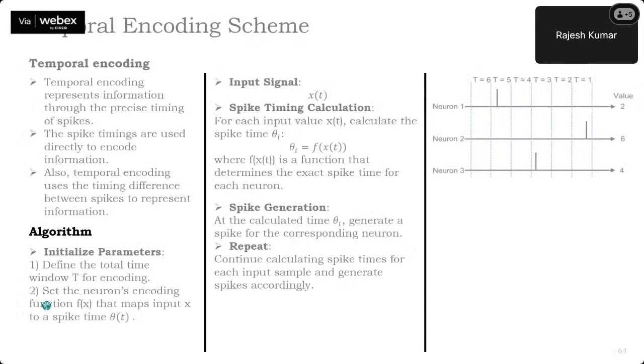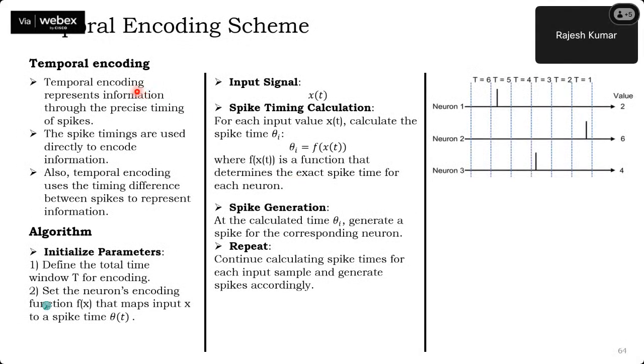The second one is much simpler. That is temporal encoding. Temporal encoding is basically through the timing of the spike. Say if I want to take a value of 2, the representation is that the firing will occur in the second segment. If it occurs in the 6th segment, the value will be 6.